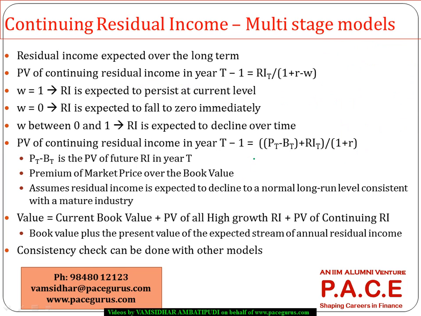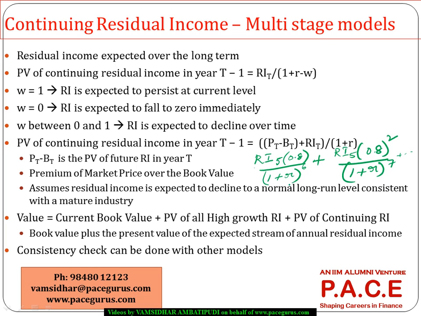Let's say I am assuming that in the initial year, RI 5 has dropped by 20%. So it comes out like RI 5 into 0.8 divided by 1 plus R to the power 6. The next period RI 5 into 0.8 squared, assuming that every period the RI is getting dropped by 20%.